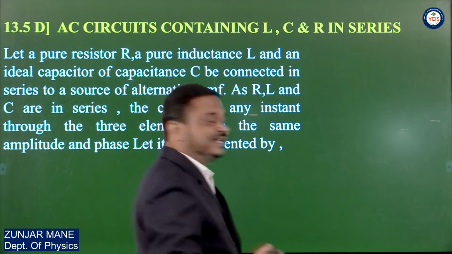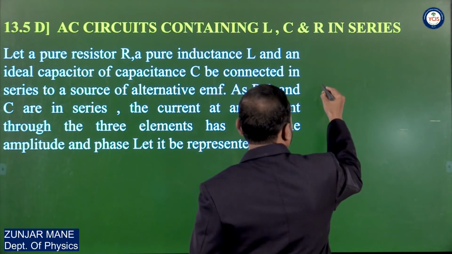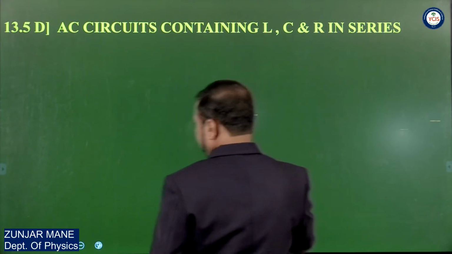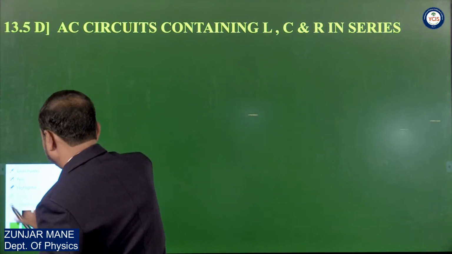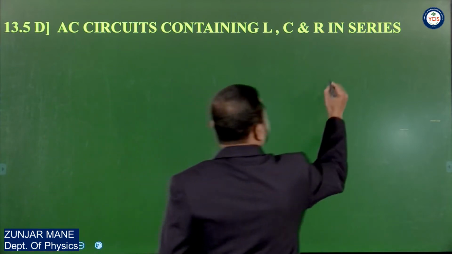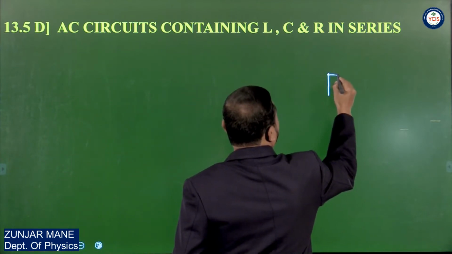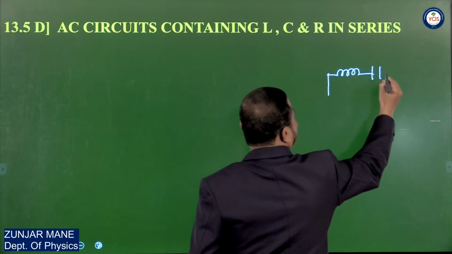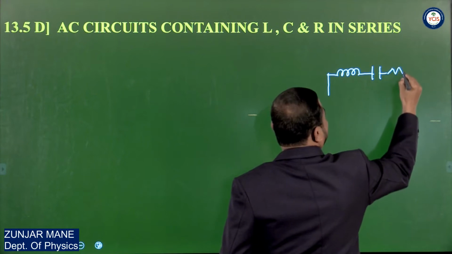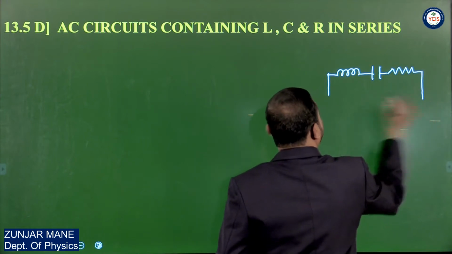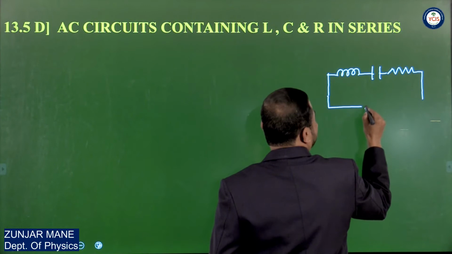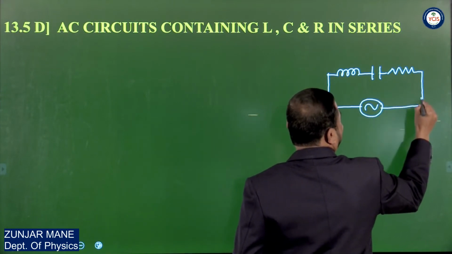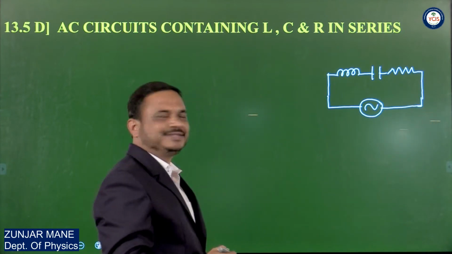So let us consider a simple AC circuit containing an inductor, capacitor and resistor connected in series, and this whole combination is connected across the AC source.